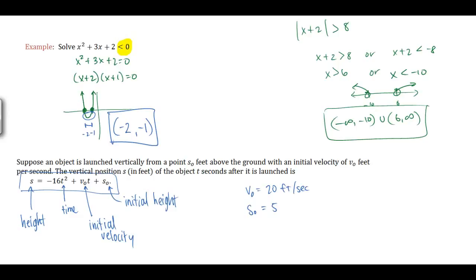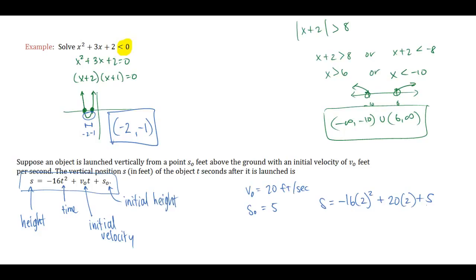And then I could ask you questions like, what's the height after 2 seconds? And you'd say, well, the height after 2 seconds would be negative 16 times 2 squared, plus the initial velocity, 20 times 2, plus the initial height, 5. And that would tell you the height of the ball after 2 seconds.